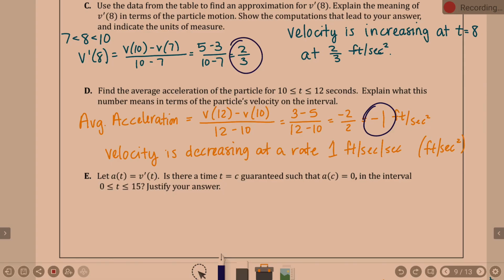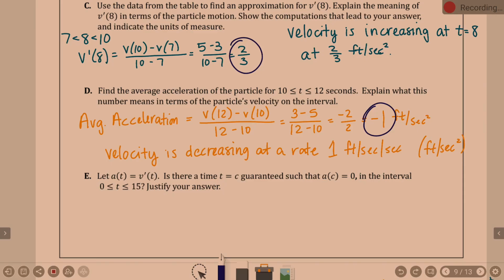It was negative. And so is there a time guaranteed that your acceleration is 0 in the interval from 0 to 15? Somewhere on the interval from 7 to 12. We don't know exactly where. And from 12 to 15. I wasn't even going there, I was just using the information we know. And that is because of what we'd already found out.